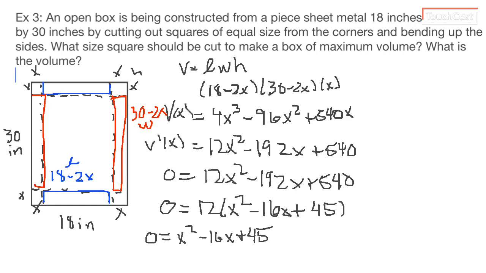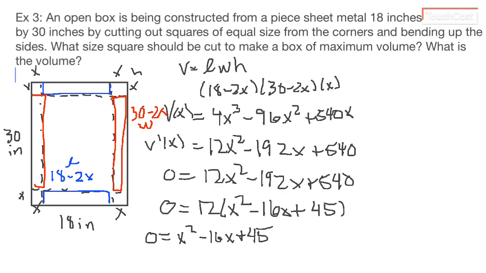Now, I'm going to factor, but there are no numbers that multiply to make 45 that add to make 16, because 15 and 3 multiply to 45, but they make 18 when we add them. And 9 and 5, again, multiply to 45, but don't add to 16. They would go to 14. So, we're going to complete the square.